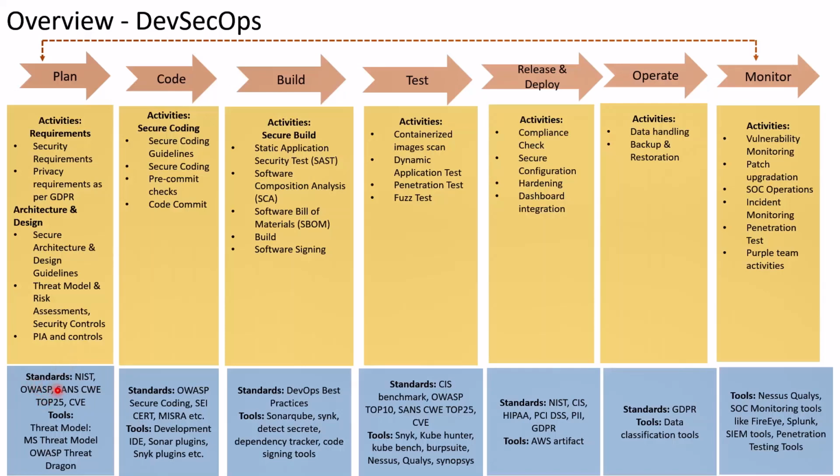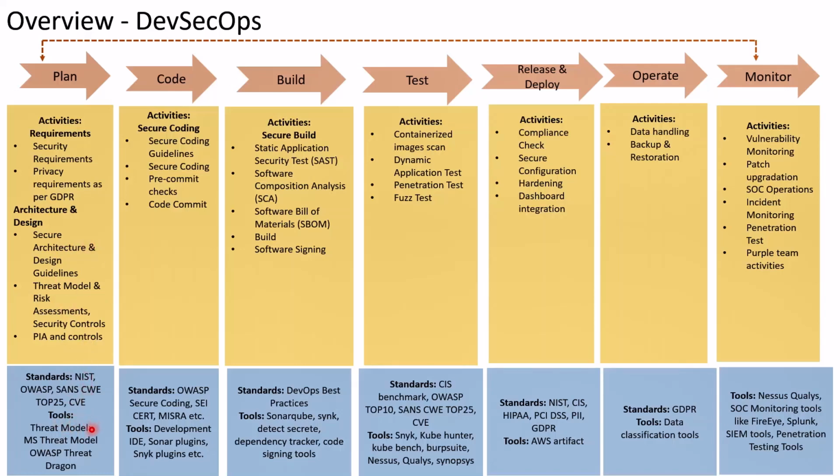Again, if you ask what standards we need to follow to execute these activities, we have the best practices and requirements from NIST, OWASP, SANS CWE Top 25, CVE. These requirements we need to consider and execute these activities.